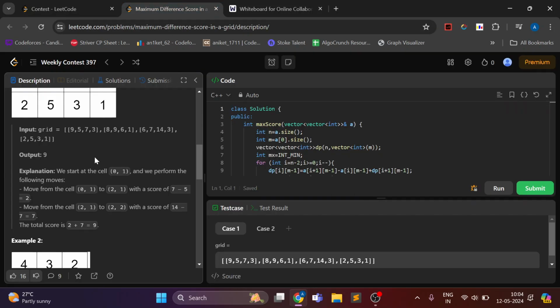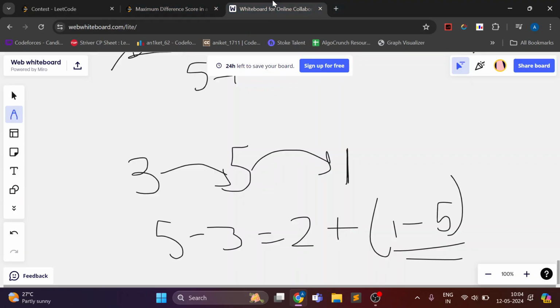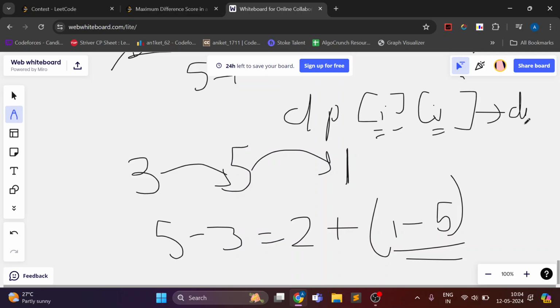So in this case, this is a DP question. You must have understood where I'm storing DP of i, j as the maximum score if I'm starting from i and j. So it can go either to DP of i plus 1 comma j, or to DP of i comma j plus 1.